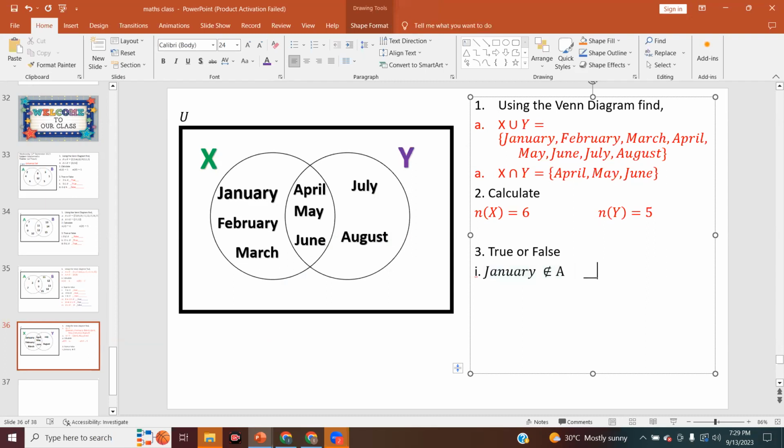Of X, not A. Of X, thank you. January is not an element of X. Is that true or is that false?